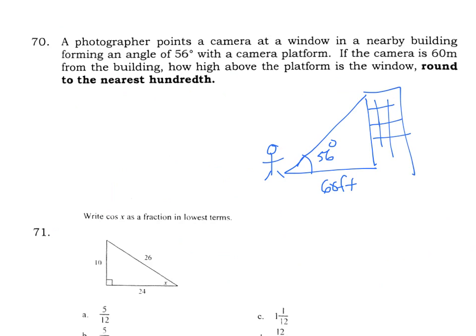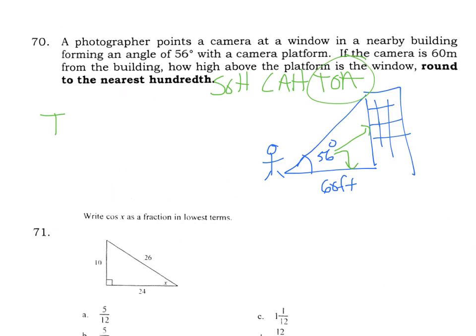And I want to know how tall the building is. Well, if we look at what I've got here, I've got an angle, and I know about the adjacent side, and I am interested in the opposite side. And last time I checked, of my three major trig functions, the one that uses the opposite and the adjacent is tangent.